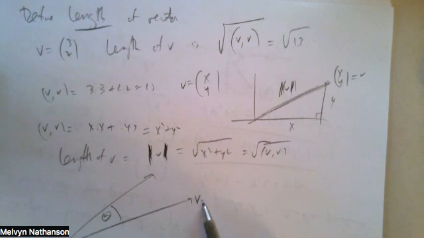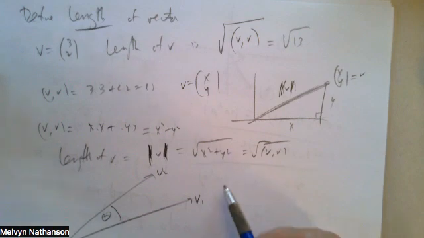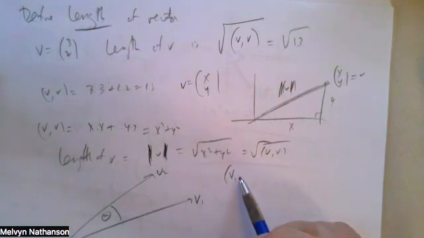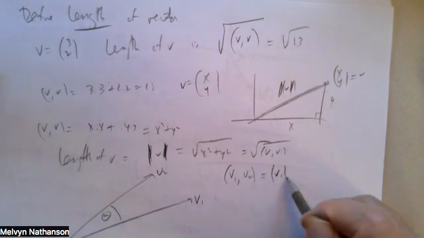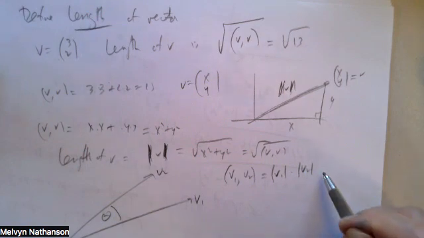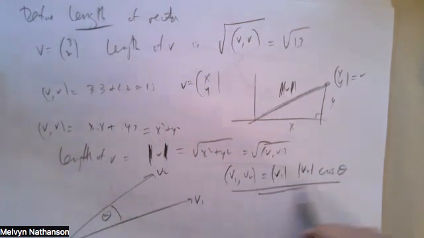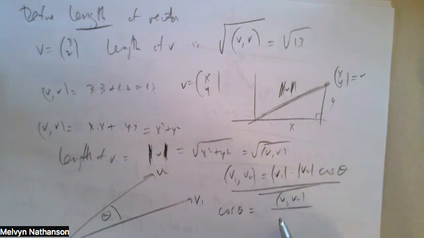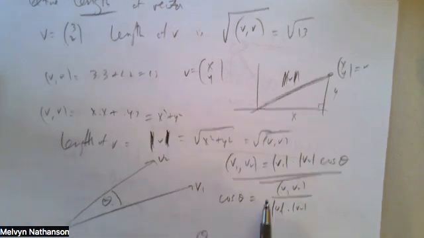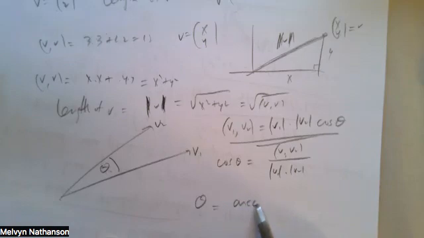So if we have a vector v1 and a vector v2, we prove a theorem that says the inner product of v1 and v2 is equal to the length of v1 times the length of v2 times the cosine of the angle between them. So if you want to know this angle theta, the cosine of theta is the inner product of v1 and v2 divided by the length of v1 times the length of v2. Or if you like, theta is the arc cosine, or inverse cosine, of this.